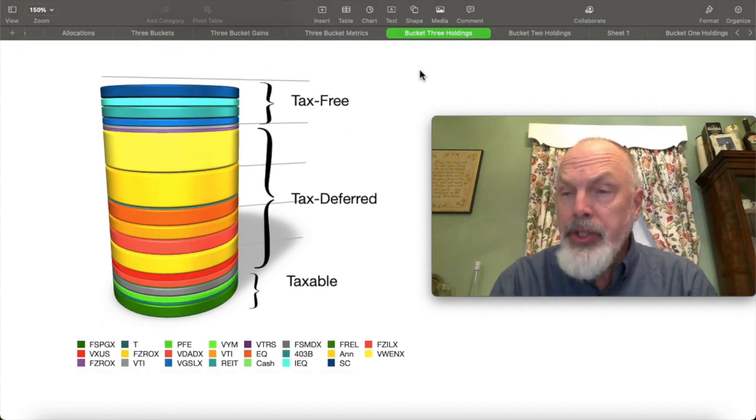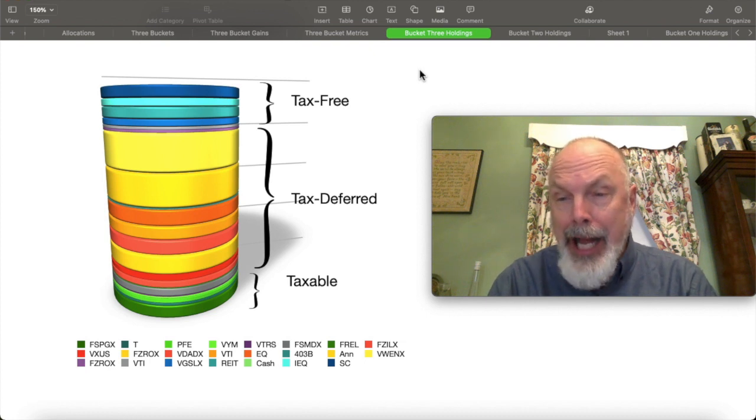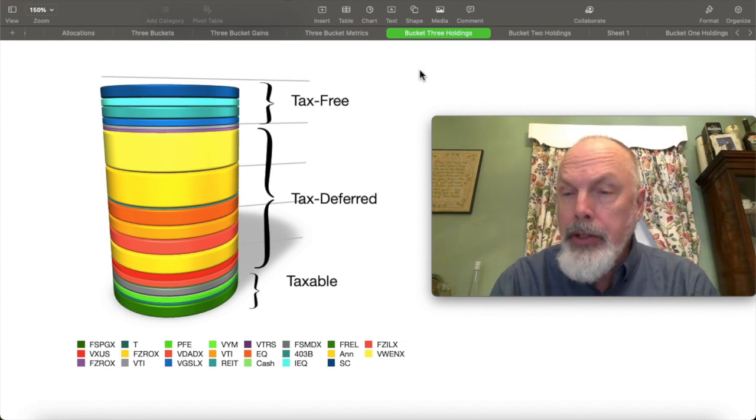All of the bonds in bucket 3 are in my tax-deferred accounts, including a bond portion of the Vanguard Wellington Fund holdings, which is about 66% equity and 34% bonds. The other big chunk of fixed income in the tax-deferred area in bucket 3 is a non-qualified fixed indexed annuity, which I'll discuss in a moment.